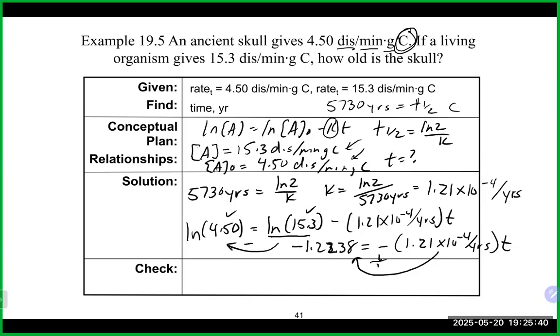There is a negative that comes along with that, which makes our time positive, which is good. Time is going to be 10,114 years. Cleaned up to 3 sig figs, about 10,100 years in this case. So kind of old.